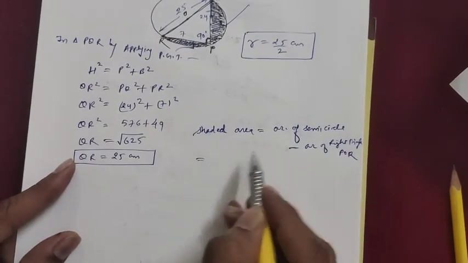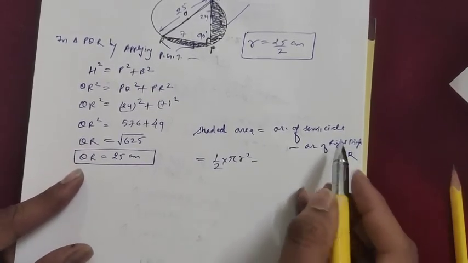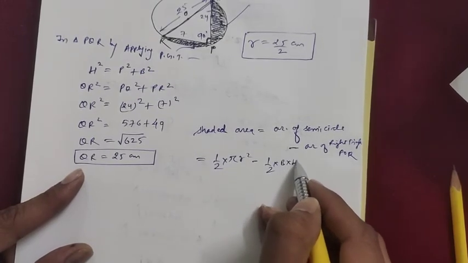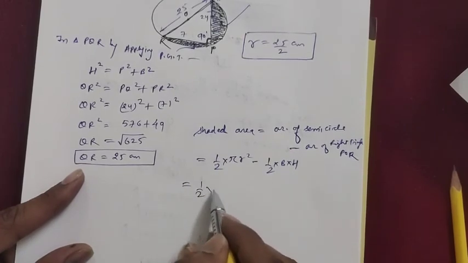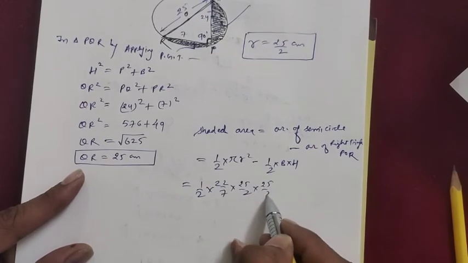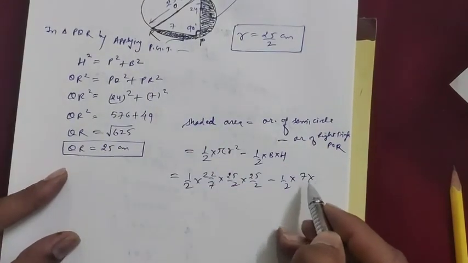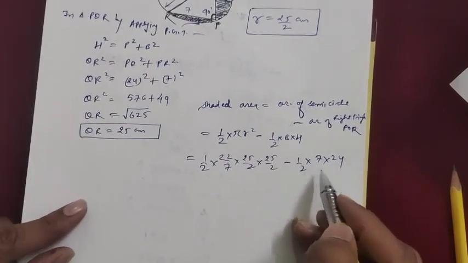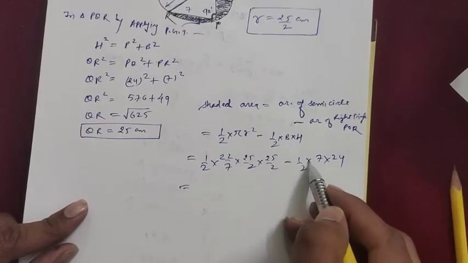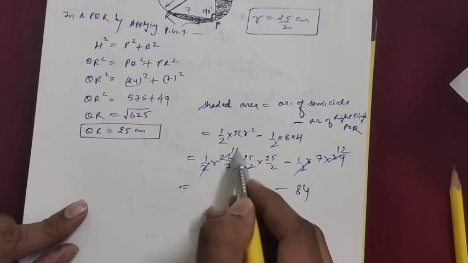right? So area of semicircle is half pi r square, minus area of right angle triangle is half base into height. So half, value of pi is 22 by 7, r is 25 upon 2 into 25 upon 2, minus half base is how much? 7 and height is 24. So here some values will get cancelled out, like here we have 12 7 84, and from this side this will get cancelled out.